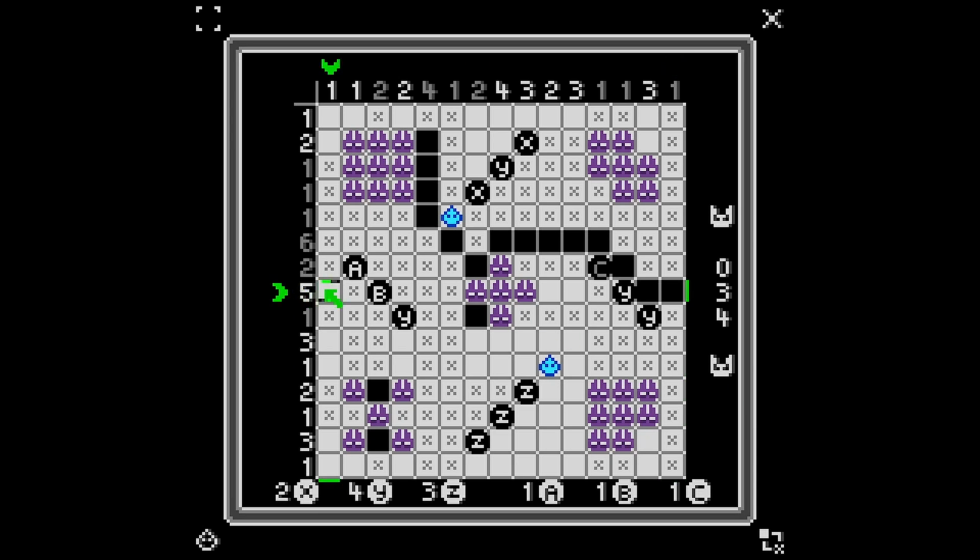This row has 3 more walls. So now this column is gray, and we have to have a wall here. This is gray. And we must have a wall here. Also, this is gray.